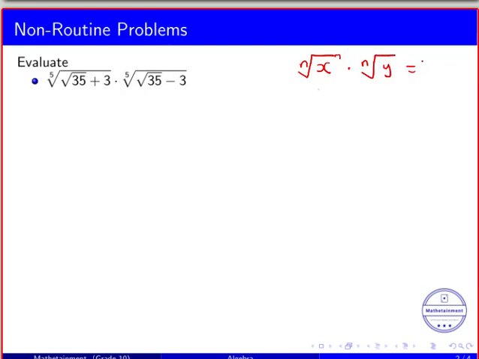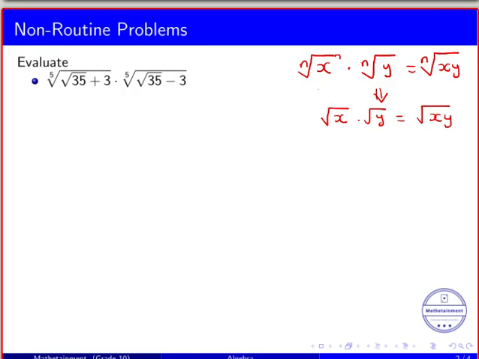Here, you are allowed to write these under one surd, and then you write them as a product. So an nth root of x multiplied by an nth root of y is the same as the nth root of xy. The special case is when you have a square root of x multiplied by a square root of y. That is the same as a square root of xy. That's just a special case of this general equation that I gave you above there.